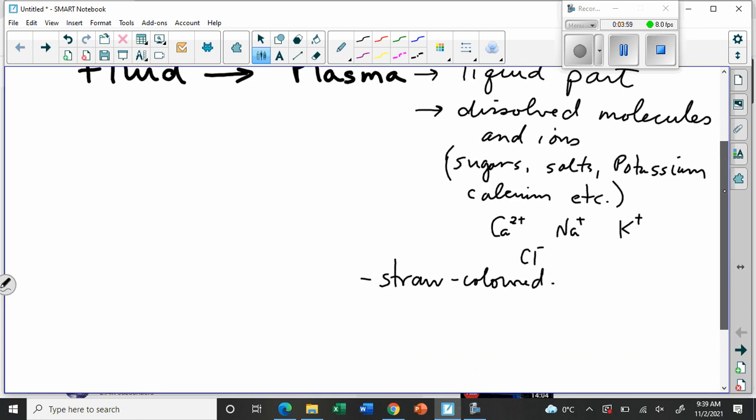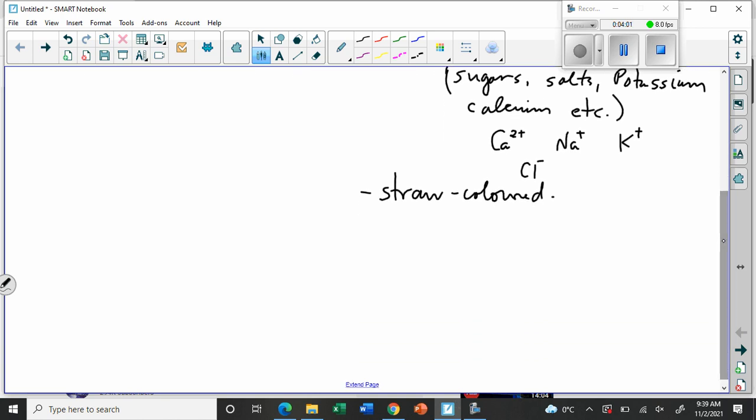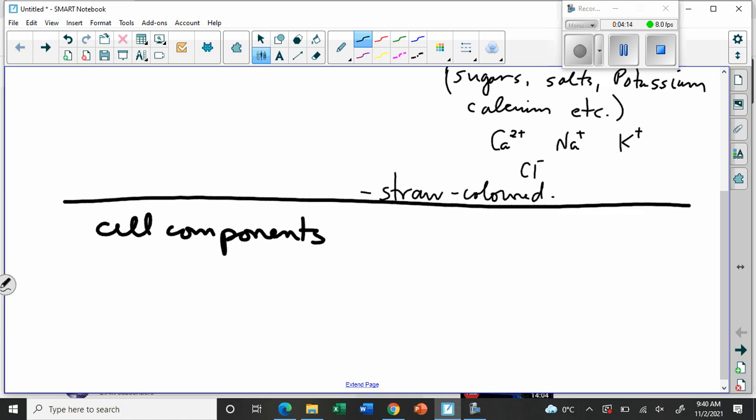Now, in that liquid, there are some cells. There are what we call the cell components of blood, right? There are actually living cells. So the cell components are floating around in the plasma, and there's basically 2 kinds.